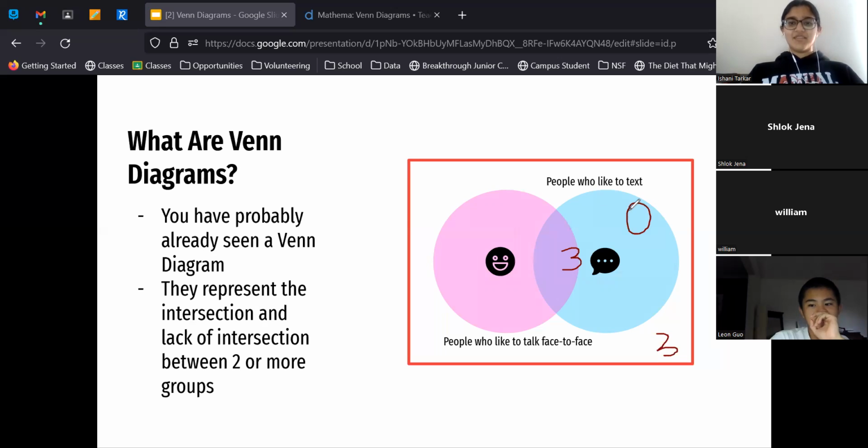So 0 here and 0 here. This is a valid Venn diagram: there are 3 people in the intersection, 0 people outside, and then 3 people outside that.